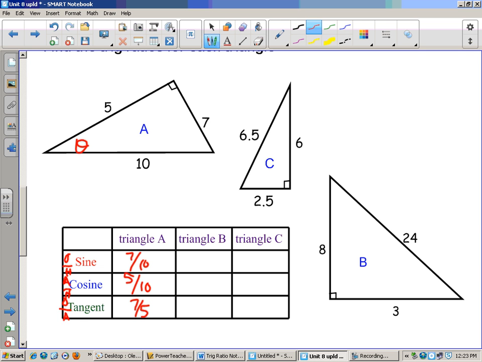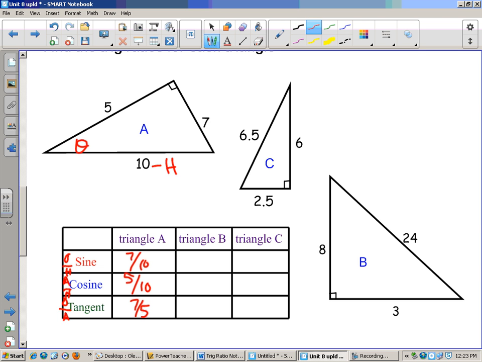Okay, so hypotenuse. We know, and this is a good strategy, label them before you come up with all these ratios. Label the sides, so you absolutely know which one is hypotenuse. Which one is that? 10. No matter what angle we pick, that's going to be the hypotenuse. Now the adjacent and the opposite are going to be dependent on which angle I mark here.